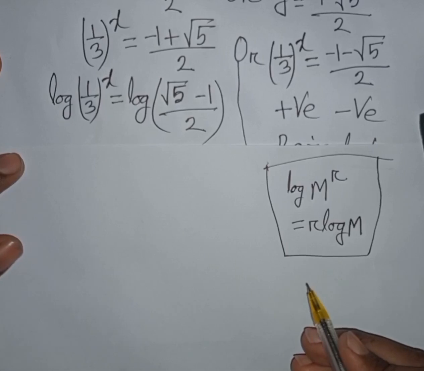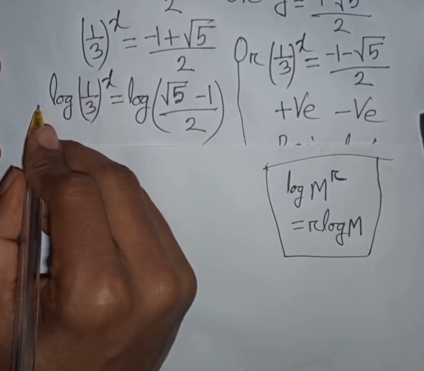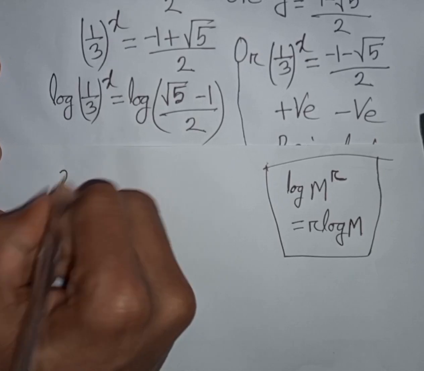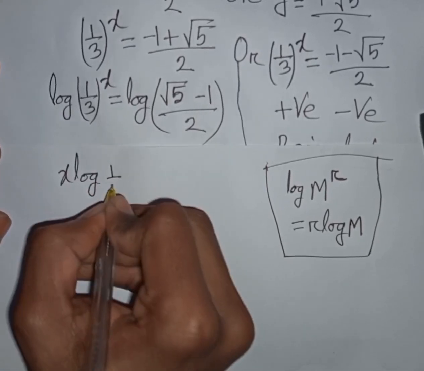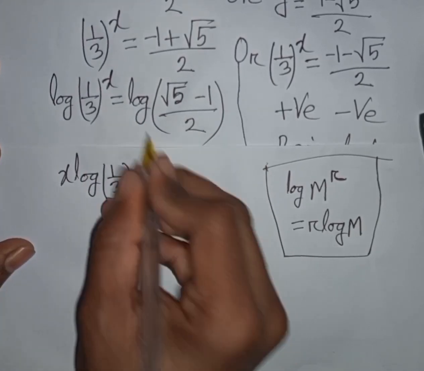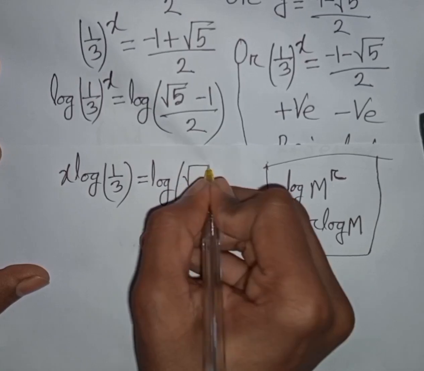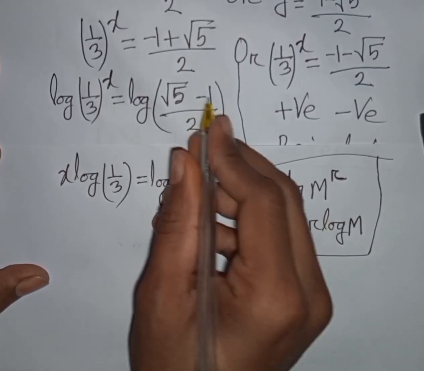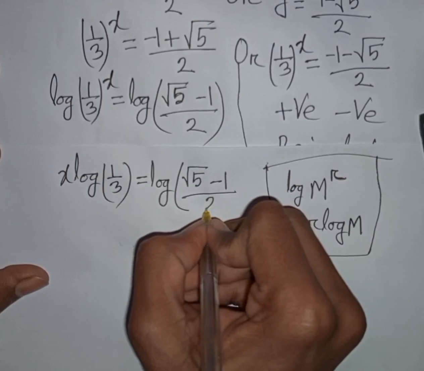So according to this rule, this power x will move to the front. So you can write here x log (1/3) is equal to log of (√5 - 1)/2.